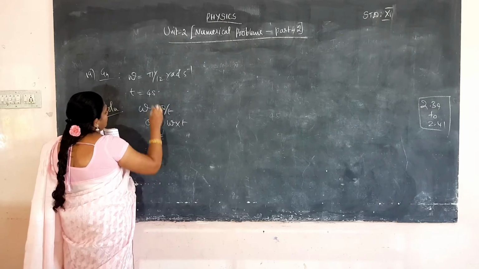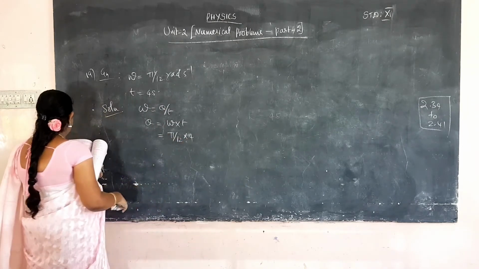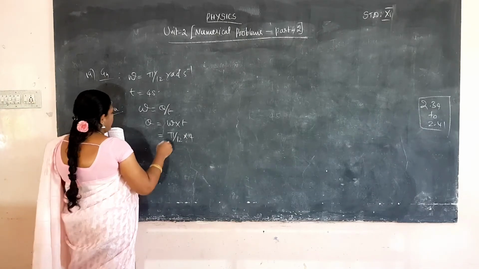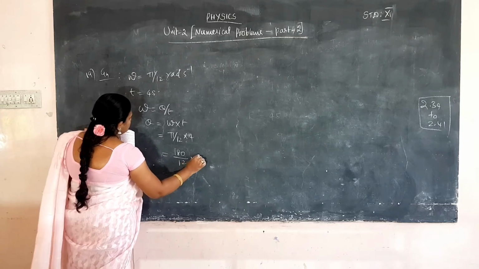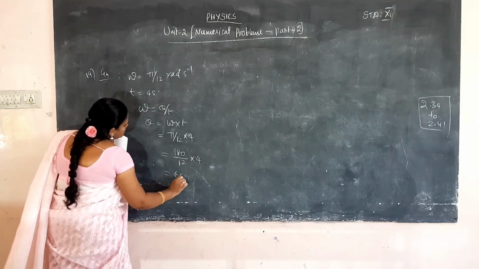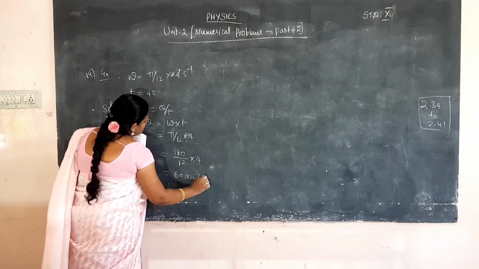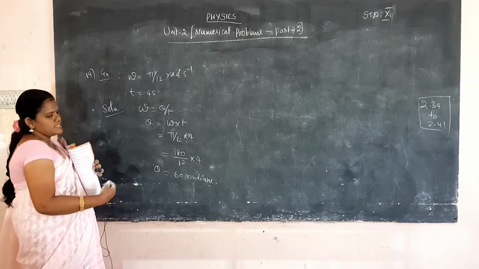Angular velocity is pi/12 and time is 4 seconds. Pi it will be mentioned as 180 degree. 180/12 into 4, so the answer is 60 radians. So angular displacement theta is equal to 60 radians.